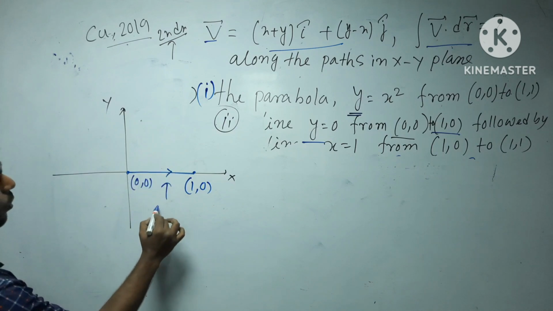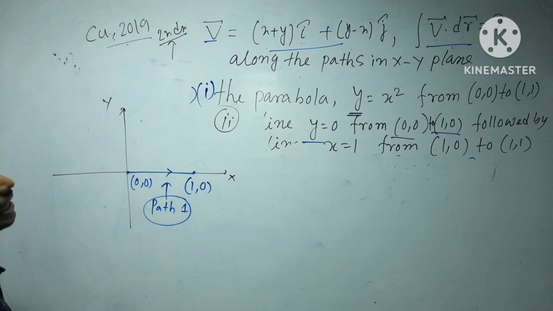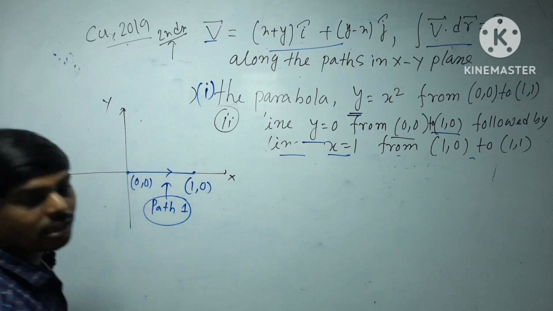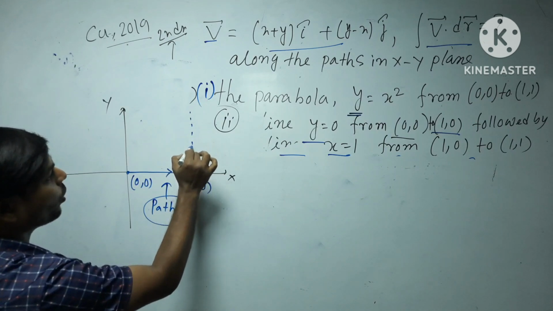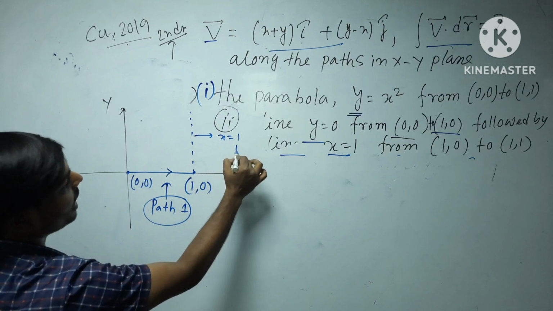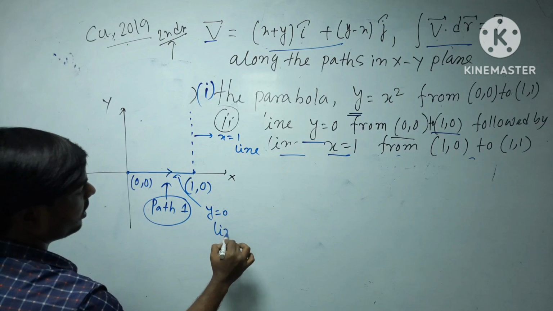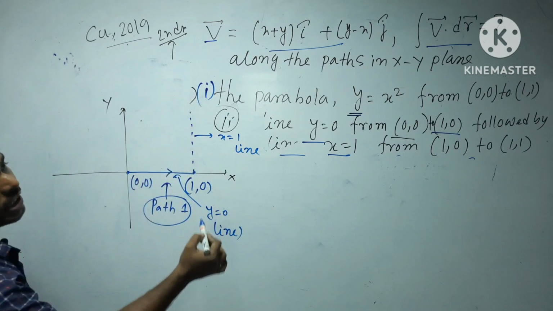Let's say this is the path 1, then followed by the line x is equal to 1. At x is equal to 1 you have to follow this line. This is the x is equal to 1 line, and this is the y is equal to 0 line. If x is equal to 1 line, where do you have to go from where?